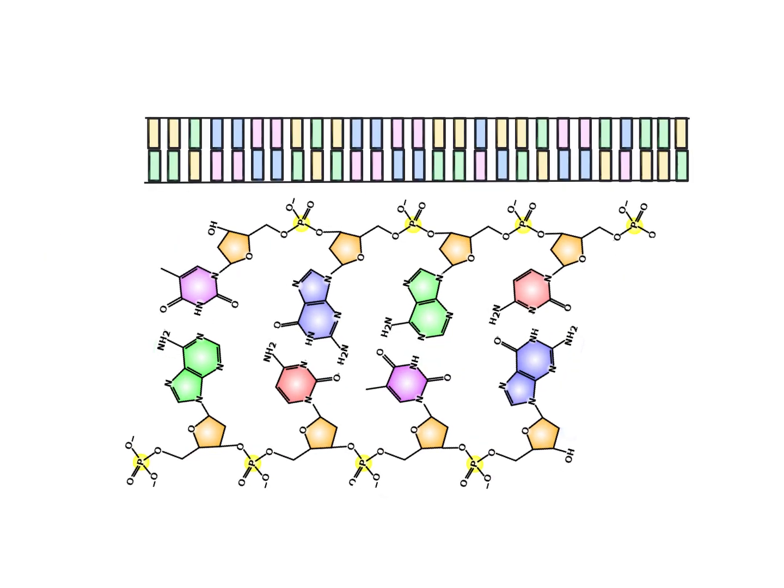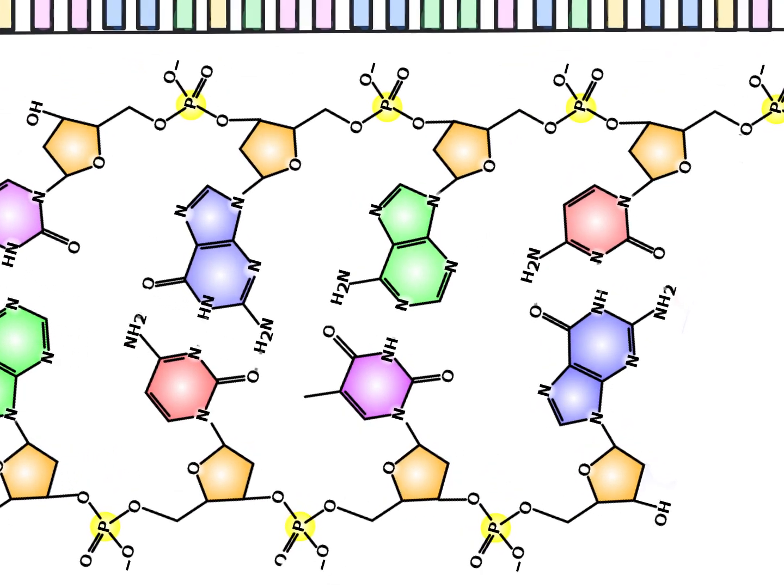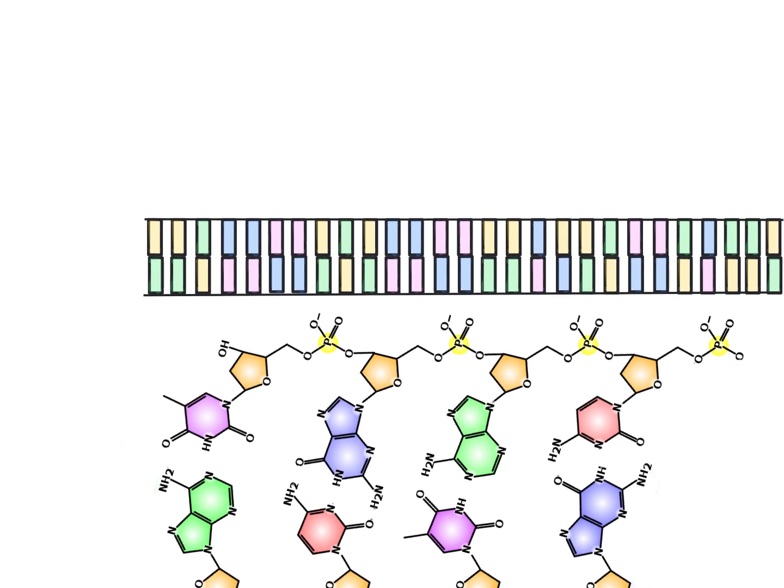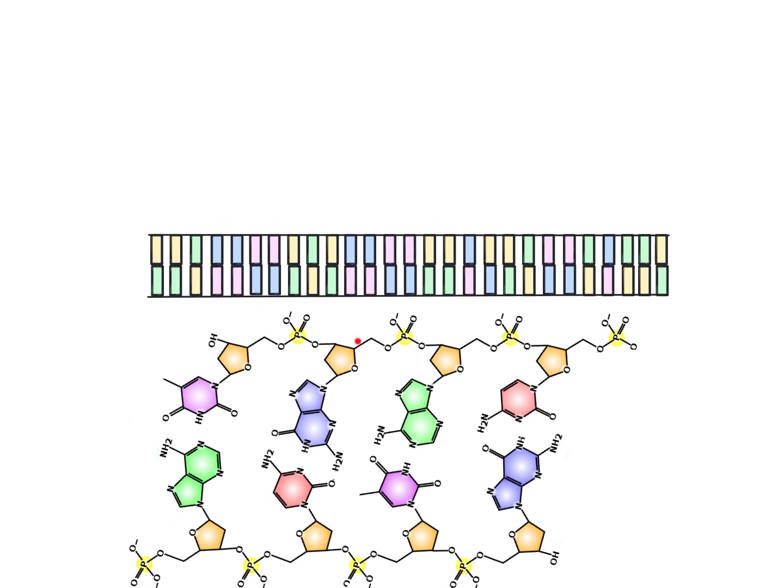Well, what we do is we increase the temperature. And as we increase the temperature, it will break these weak hydrogen bonds, but the sugar phosphate backbone remains intact. And here we can see if we increase the temperature, the hydrogen bonds are broken, and the two strands of DNA will separate. You may at this point want to go back and revise and have a look over your notes around DNA structure.